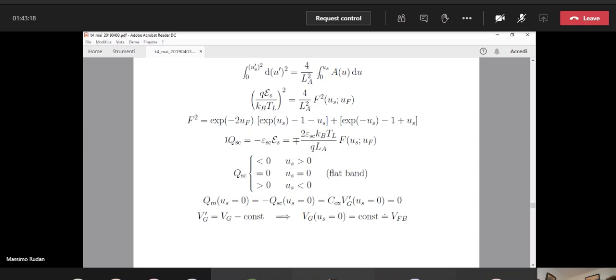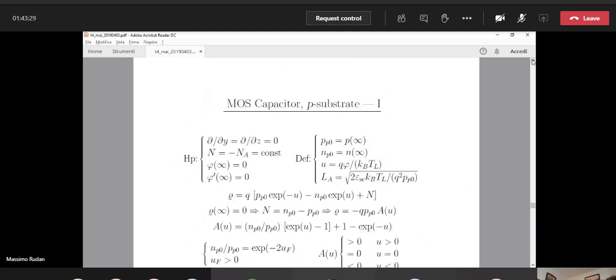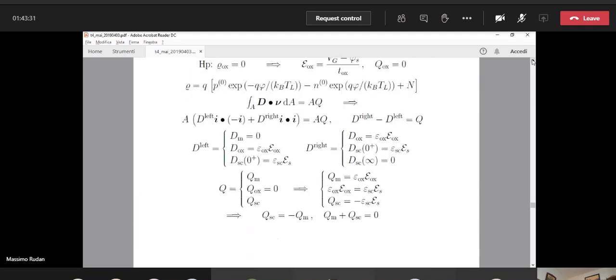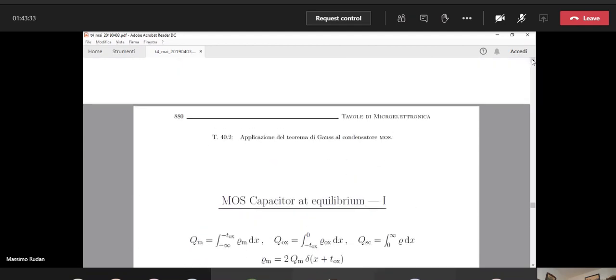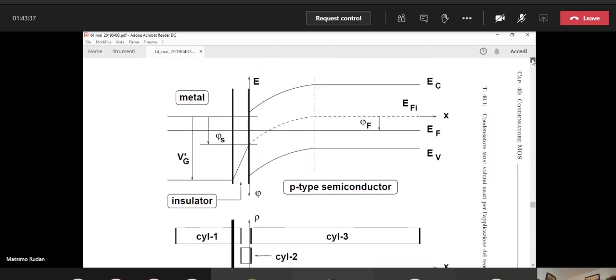Now we have to discuss the sign, but this sign can be discussed easily because if you go back to the figure, you remember when you apply a positive voltage, you have a negative charge in the semiconductor.